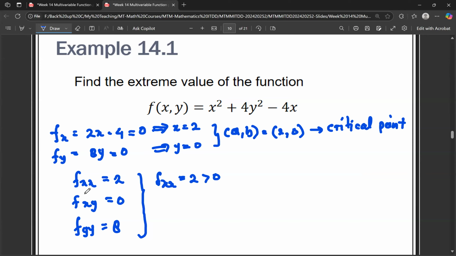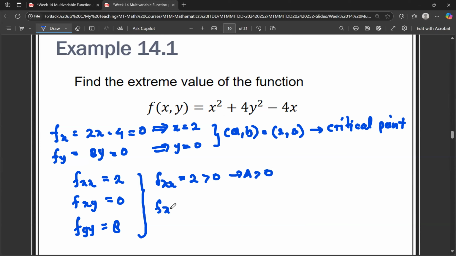We can see that the second partial derivatives do not depend on variables, so we can calculate directly using these values. So A is greater than 0.